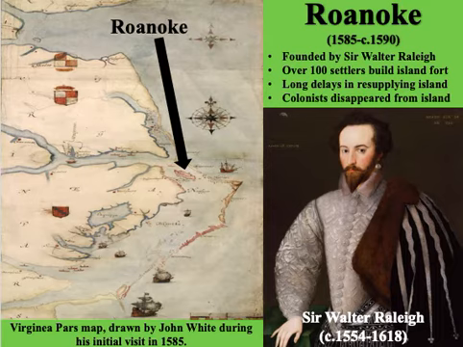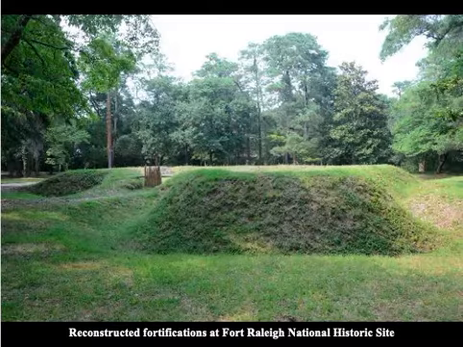And then Raleigh leaves and heads back to England. There are long delays in resupplying the island. The settlers go without food and ammunition and key resources to continue their colony for a long time. Eventually, when Raleigh and others return to Roanoke, the island has been completely deserted.